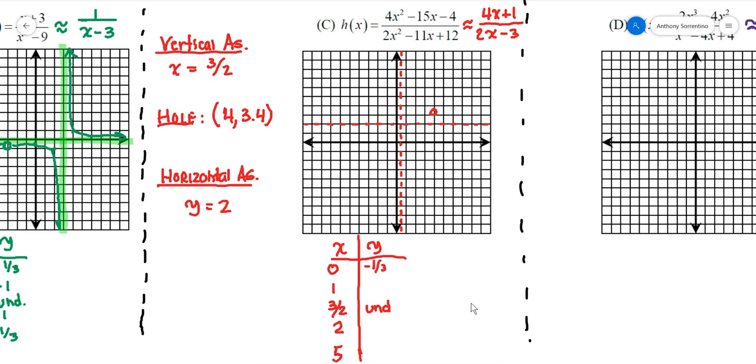So 1, -5. I put that dash line in the wrong spot. I put it at 1/2 instead of -1/2. Easily corrected. So again, I have the 0, -1/3, which would be about here.